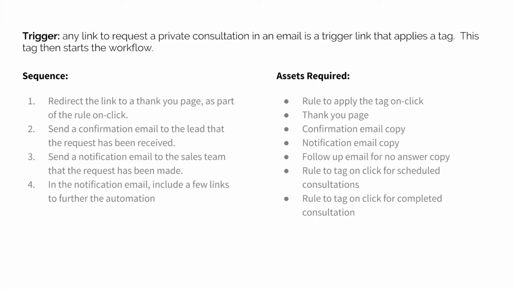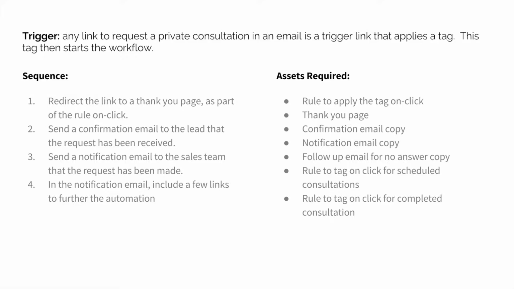And then in that notification email, you can even include a few links to further the automation, like following up if you weren't able to contact them to set up the appointment, or applying a tag if you do set up the appointment or if you complete the appointment with them. Of course, those tags can start their own automation.